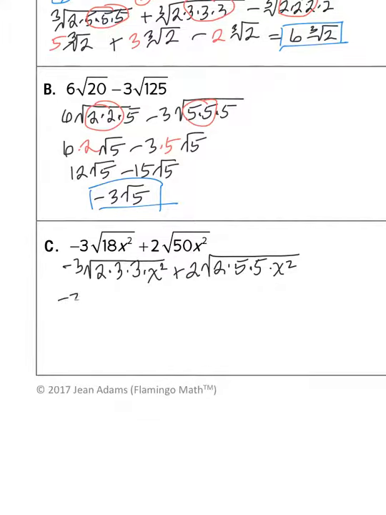So we have a -3. I want to find groups of 2, so I'm pulling out a 3, so times 3. And then I'm going to use my index rule and divide that by 2. So 2 goes in there evenly once, so I get x to the first out in front. And then left underneath the square root is just a 2.